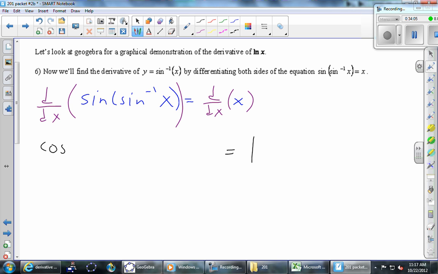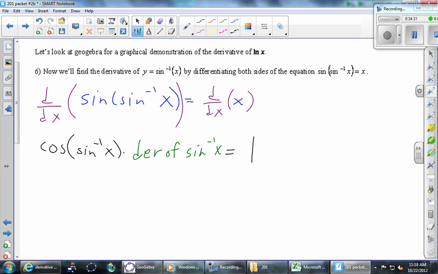So cosine of what? Sine of x times, I'll put it again in green, the derivative of the stuff. What is the stuff in this case? Sine of x.